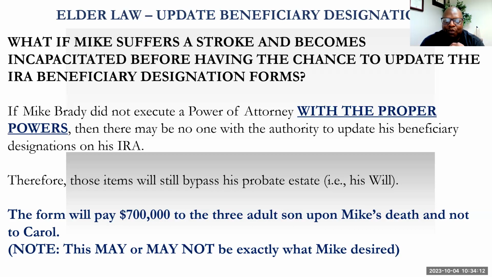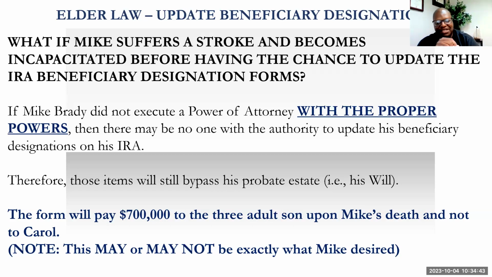Other times, people will execute a power of attorney. Like I said, maybe he went the DIY route, printed up a power of attorney, and didn't understand what powers he was supposed to give. If you give the general power of attorney, I hope you have seen the power of attorney in some form, you usually have a list in the general powers section, which is first, and it says real estate, taxes, business, banks, it has retirement plans, all these different categories.